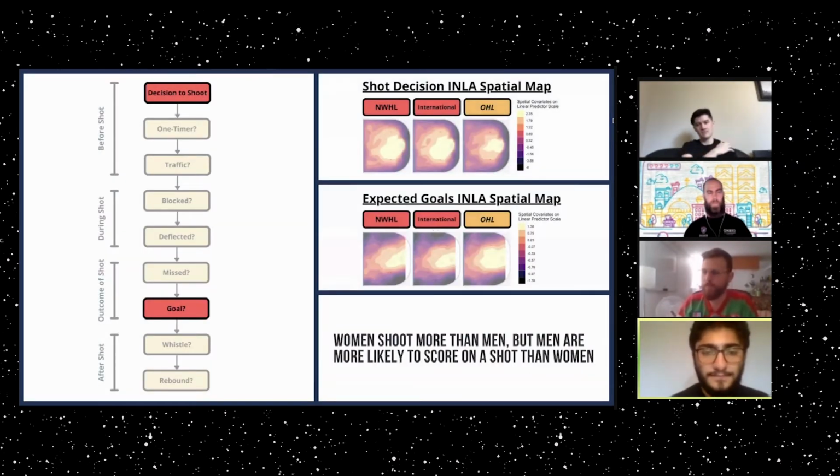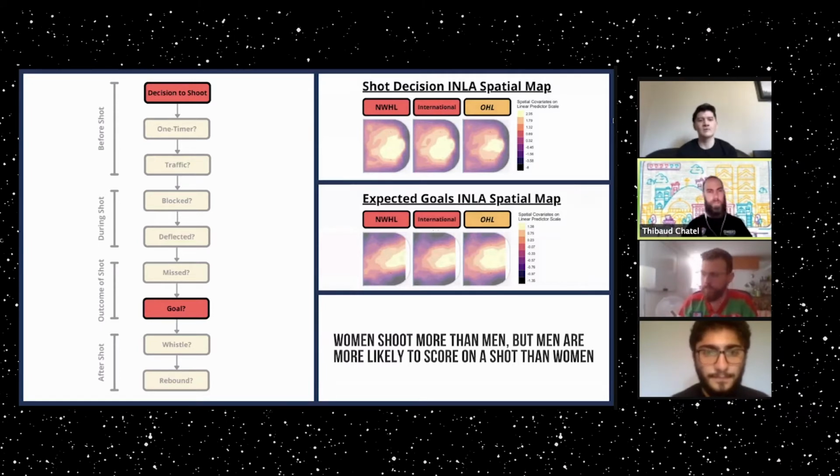So finally, we looked into our expected goals modeling results through heat maps. Shot density and xG maps are nothing new to hockey, and the results are nothing new either. The lower slot is the most dangerous area on the ice, and that's true for any age of competition and for both women's and men's hockey. One very interesting thing here is that your xG most dangerous area is wider in the OHL by comparison.